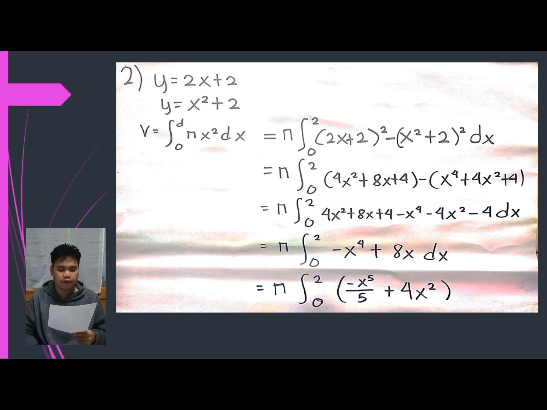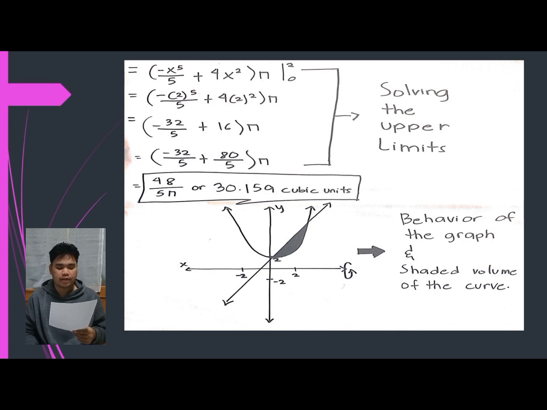To integrate our solution, we've got negative x to the 5th over 5 plus 4x squared, times pi, and we put our limits between 2 and 0. So we're going to substitute now our variable x with 2: negative 2 to the power of 5 over 5 plus 4 times 2 to the power of 2, times pi.